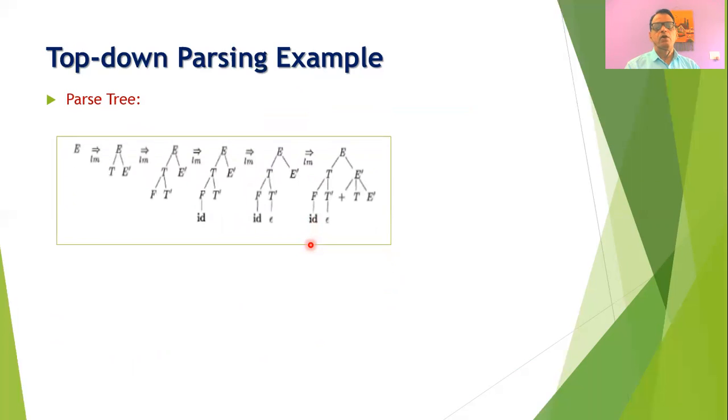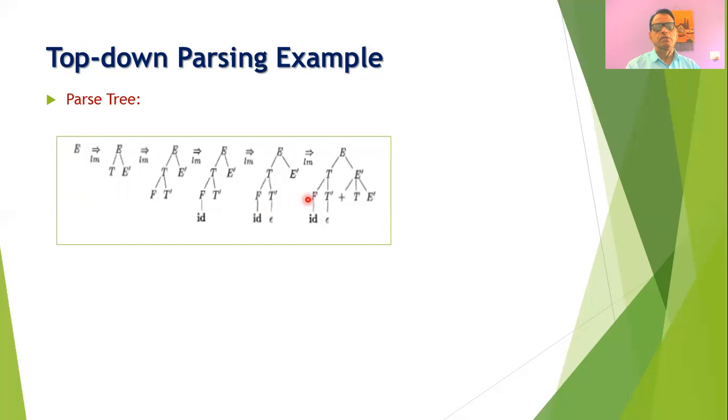Now we can easily obtain the parse tree for such a leftmost derivation. We have started with the starting symbol of the grammar, E. E is derived as TE dash, then T is replaced by FT dash, then F is replaced by ID. Then we will replace T dash by epsilon.